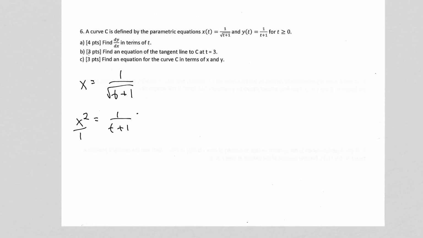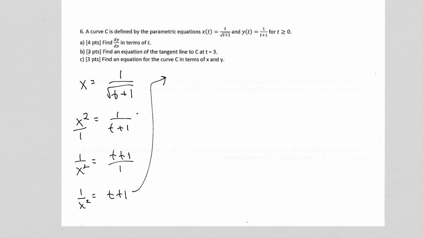I'll put that over 1. There's some other algebraic ways to do this, but I think this is the easiest way to explain it. So what that gives me is 1 over x squared is equal to t plus 1 over 1, which I could write in a better way as 1 over x squared is equal to t plus 1.